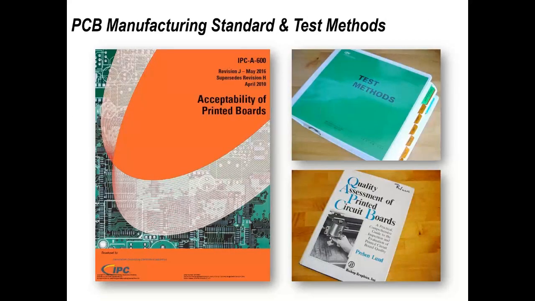Now, in terms of test methods and also test criteria, two publications you should be aware of, you may well already be aware of, is the IPC 600, and this is the acceptability of printed circuit boards. Remember that I said that the majority of microsections that are produced today are for printed circuit board assessment, quality, failure analysis, etc. And this gives you a guideline on what the criteria is based on what you have requested from your PCB manufacturer.